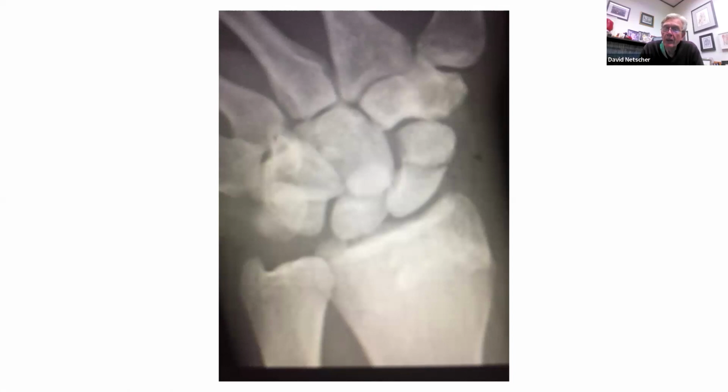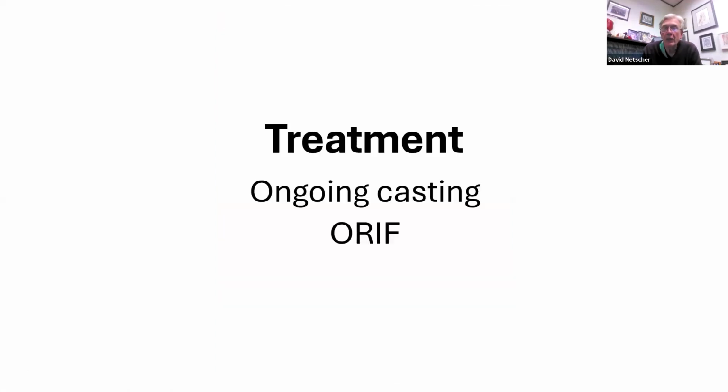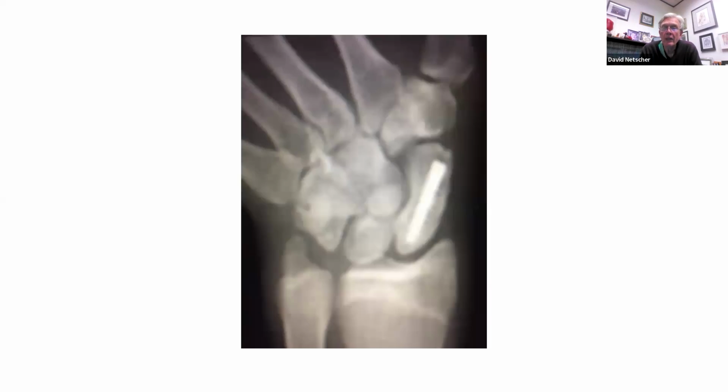In 6 to 10 weeks, it's going to be healed just with immobilization, but that immobilization needs to be absolute. Although some may choose to do an open reduction and internal fixation, and we've already showed that the open reduction can be done through relatively small incisions, which was done in this particular patient.